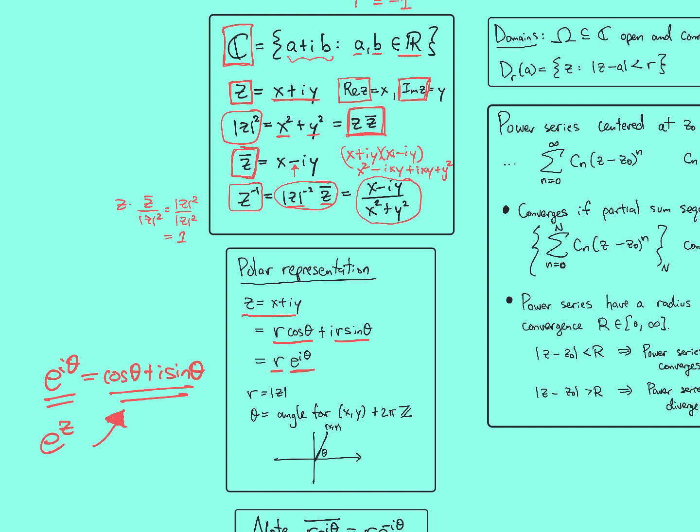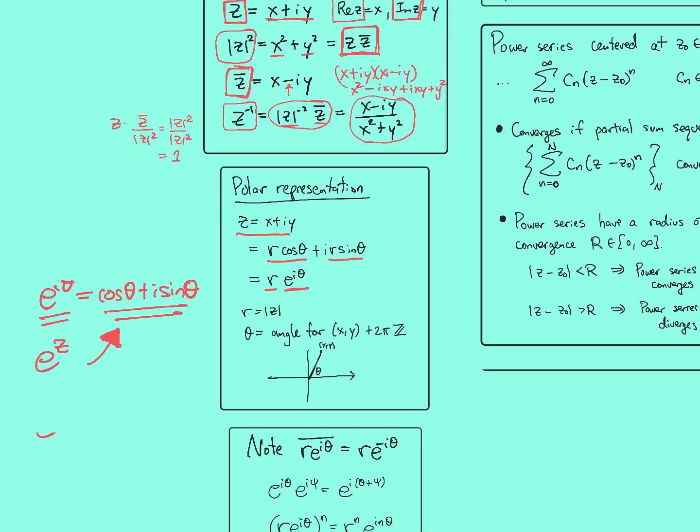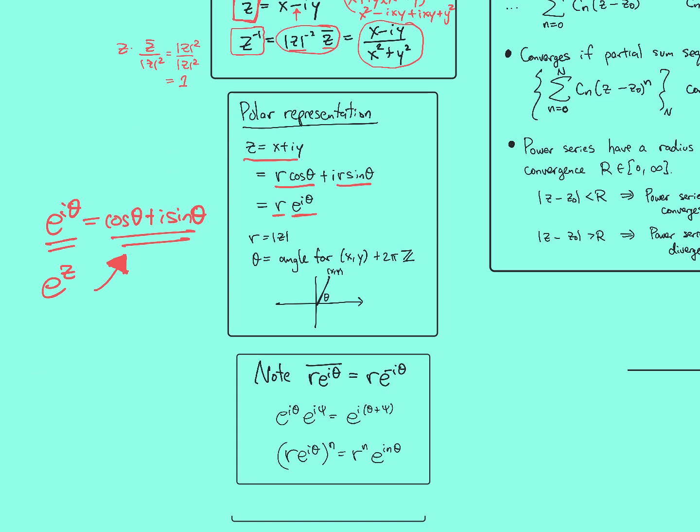For this crash course, we're not going to worry too much about what comes first, but e to the i theta does behave very much like an exponential. So we have these formulas down below. So the conjugate of r e to the i theta gives you r e to the minus i theta.